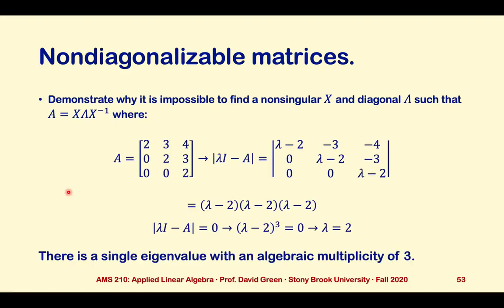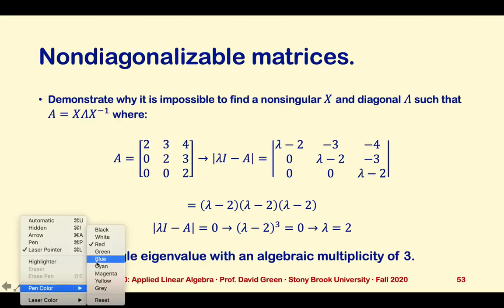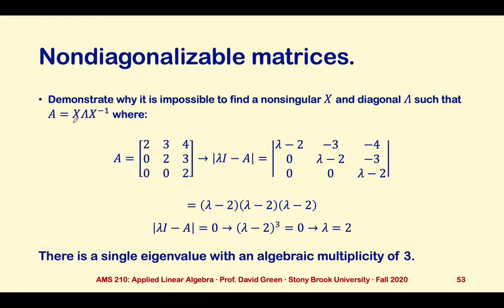Okay, in order to solve this kind of problem, what we really need to be able to demonstrate is that we can't find enough linearly independent eigenvectors. In this eigenvalue decomposition, the matrix X will hold the eigenvectors, and the matrix lambda would hold the eigenvalues.